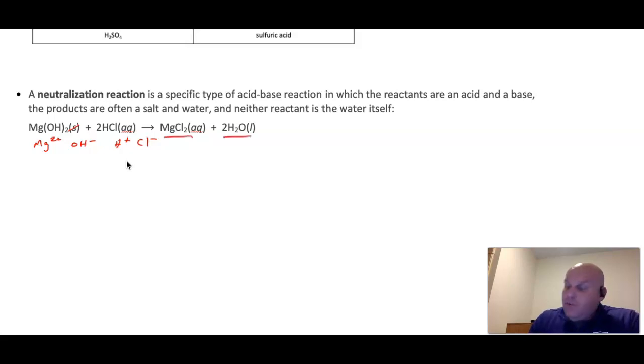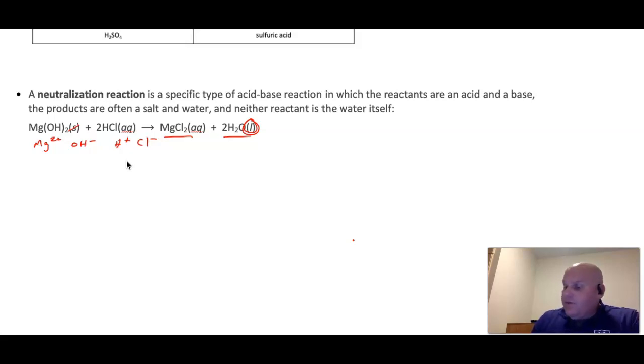Now notice the H2O has this designation of a liquid here. Okay, so similar to what we did with the precipitation reaction, that's what's important. This is a reaction that we can say with confidence is going to actually happen, because like a solid in a precipitation reaction, water or a liquid is formed in an acid-base neutralization reaction.